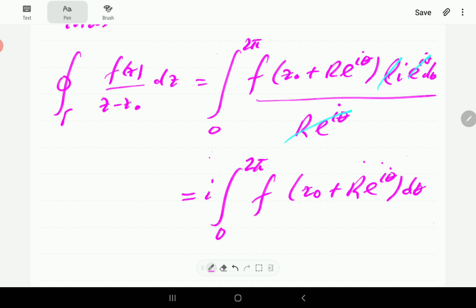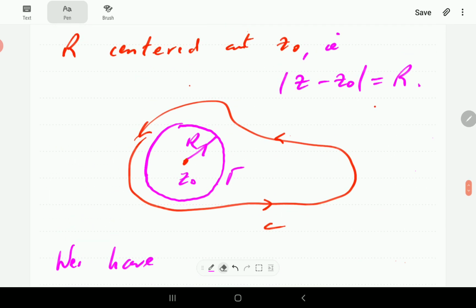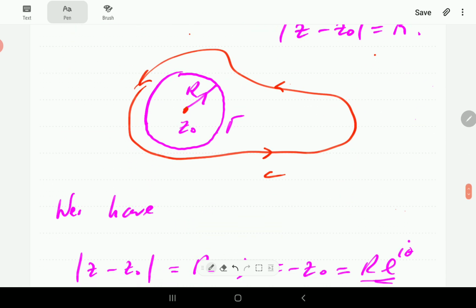However, by the principle of deformation of path, this integral must be the same around this circle of radius r. We could make r smaller, and it should still be the same. Or even smaller, it should still be the same.